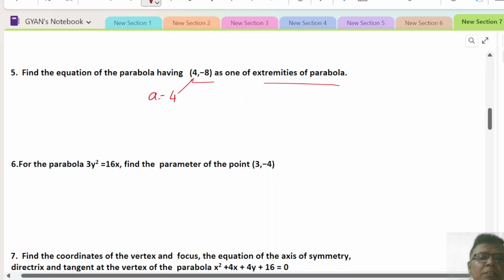So if a is equal to 4 and this is x coordinate, then y square is equal to 4ax. So that is 16x. But this can also be in x square is equal to 4ay form.